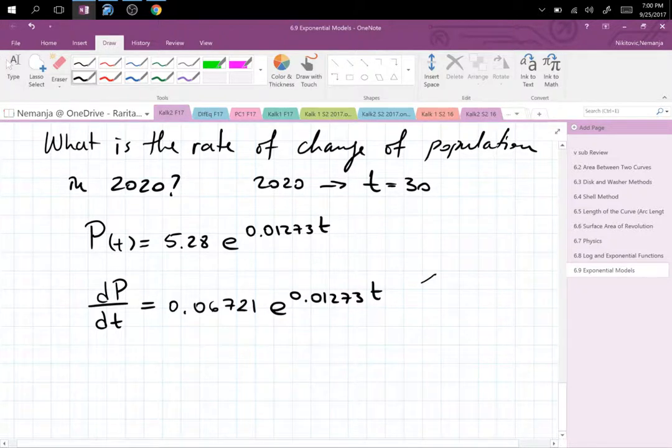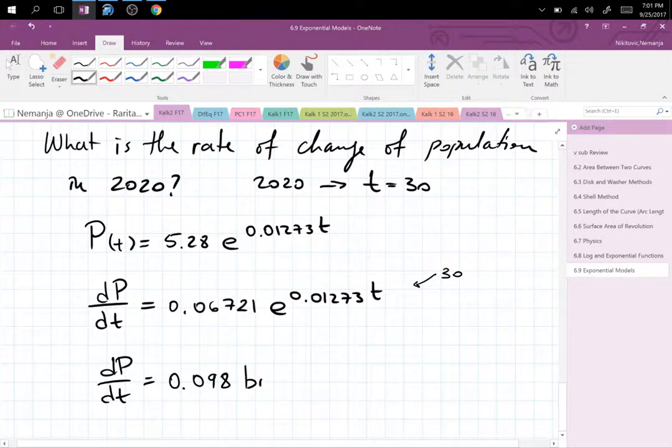And now we are going to plug 30 into t. So I'm going to say times e raised to the 0.01273 times 30, and then close parenthesis. I'm doing all of this in one shot. So dP/dt is equal to 0.098.